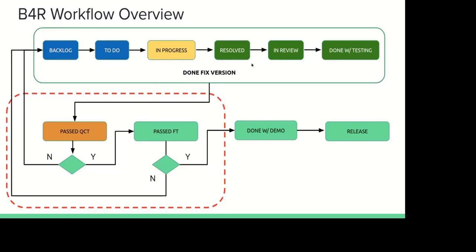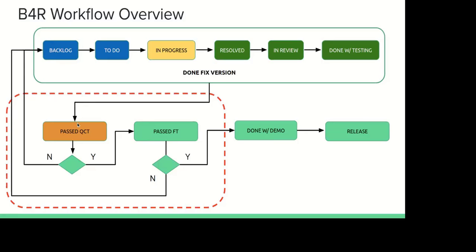For every development issue that is implemented, it is turned into resolved issues, and then in review, and this done with testing is more on the peer testing between the development team. The part highlighted in dotted red lines is what we introduced when we implemented the testing process for the B4R.